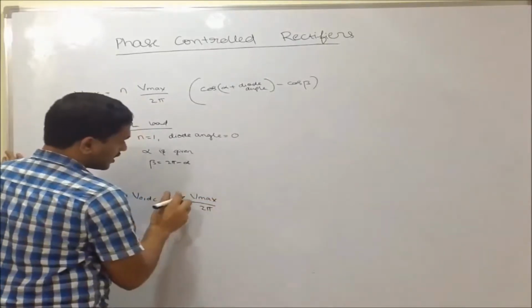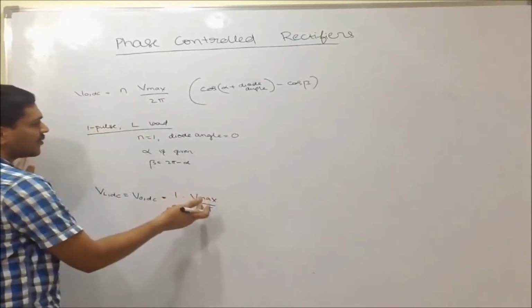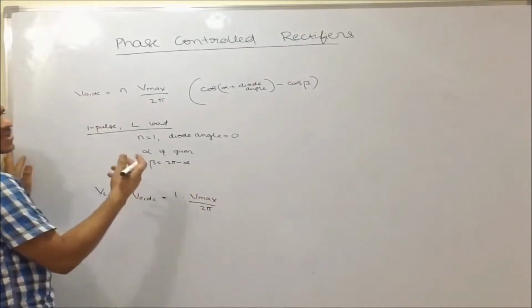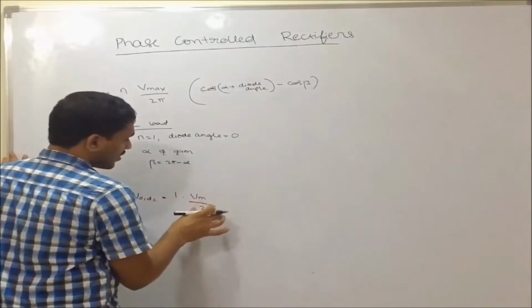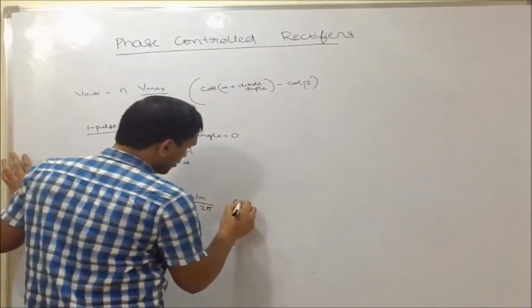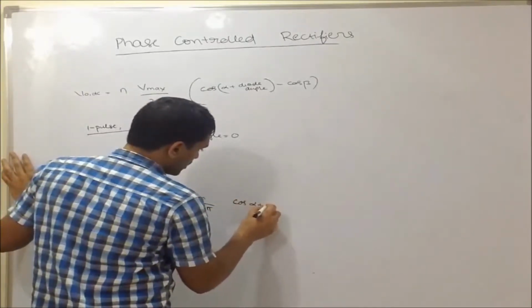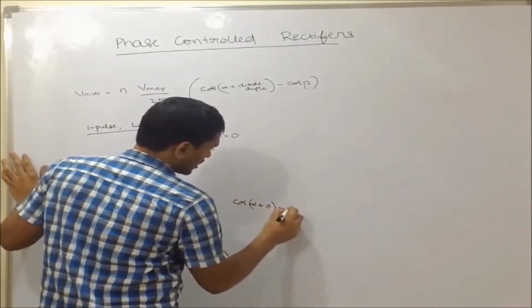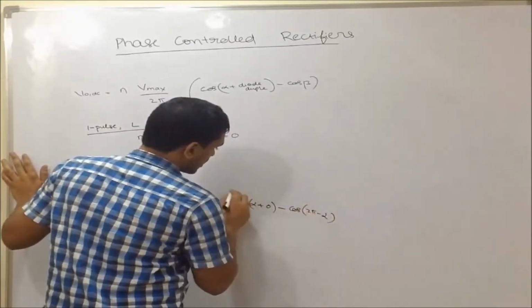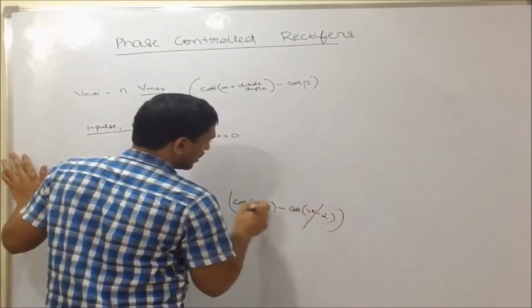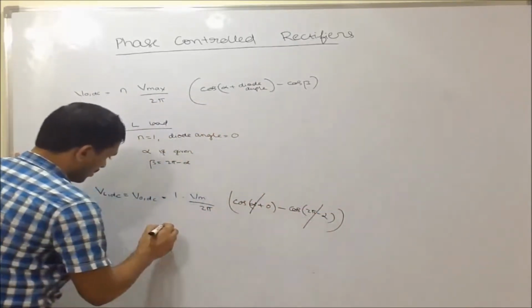Here V max means Vm, because Vs equals Vm sin omega t. So V naught DC equals Vm divided by the cycle interval into cos alpha plus 0 minus cos beta. Beta is 2 pi minus alpha, so cos alpha and cos of 2 pi minus alpha are equal.